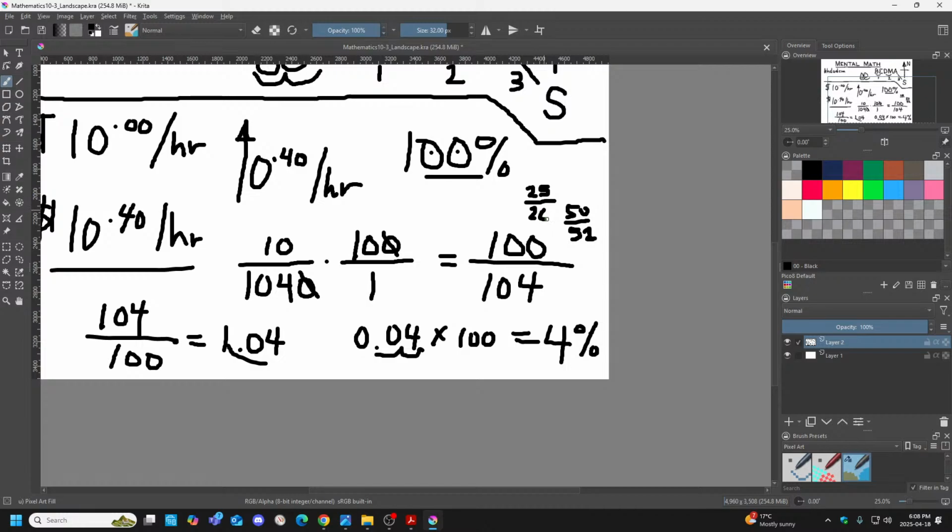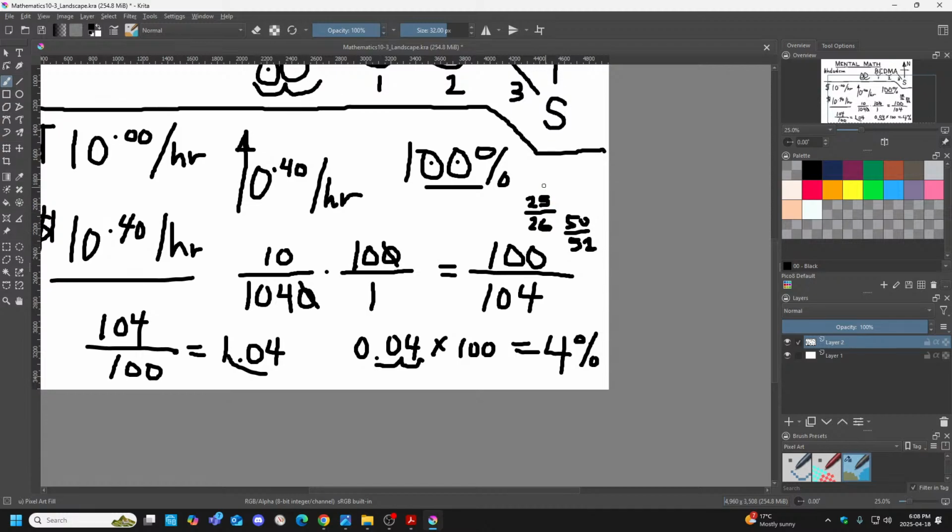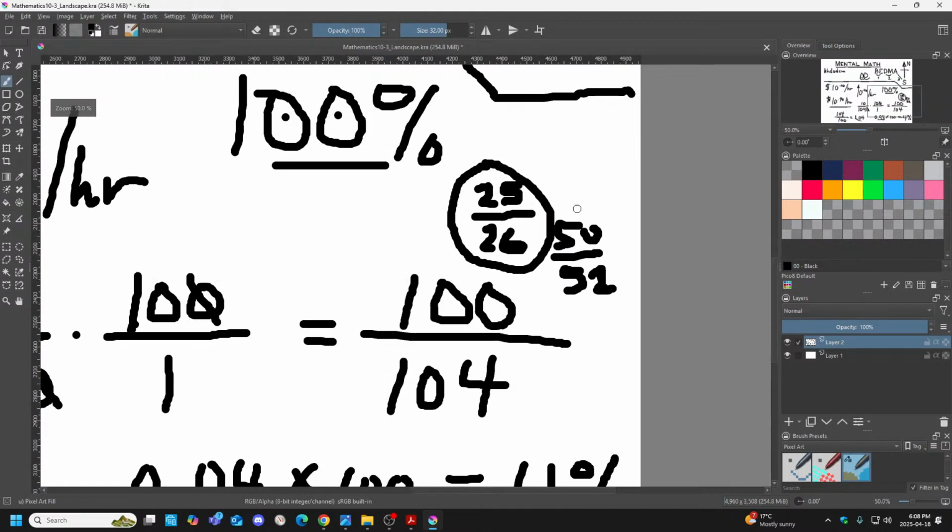So what I would have had is 25 over 26 by reducing. I know I'm kind of making things smaller here, but I just reduced that. So 25 divided by 26 gave me 0.96, okay?